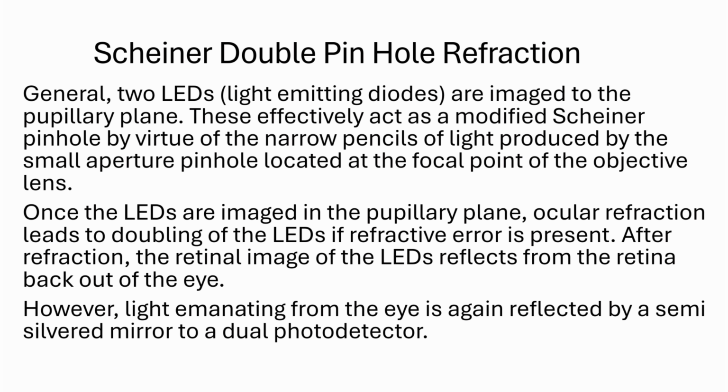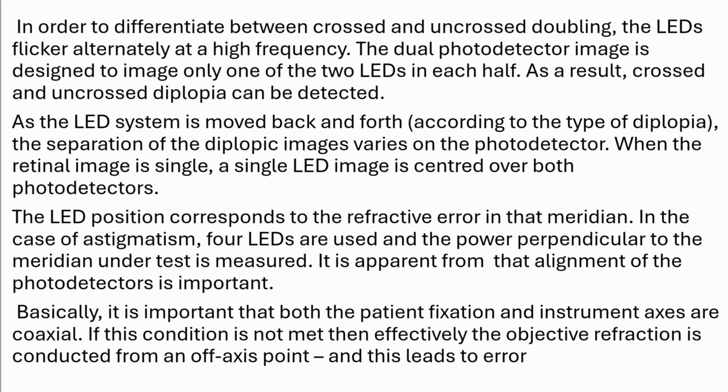However, light emanating from the eye is again reflected by a semi-silvered mirror to a dual photodetector. In order to differentiate between crossed and uncrossed doubling, the LEDs flicker alternately at a high frequency. The dual photodetector is designed to image only one of the two LEDs in each off. As a result, crossed and uncrossed diplopia can be detected.